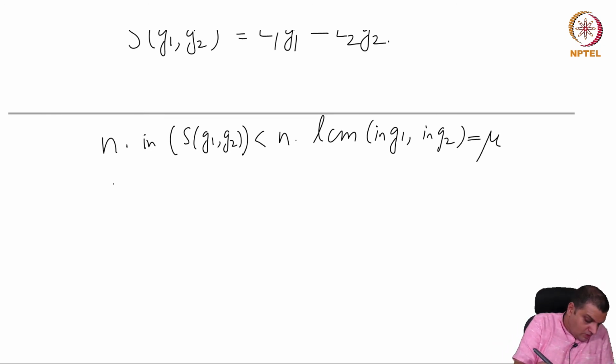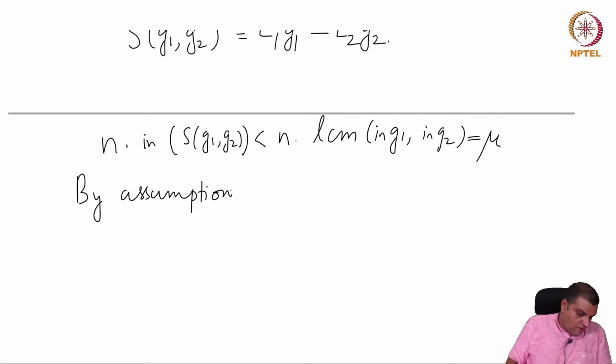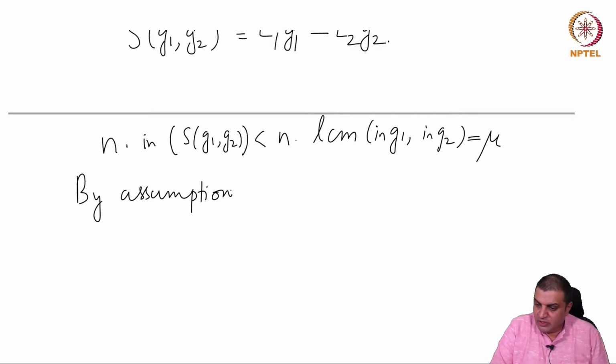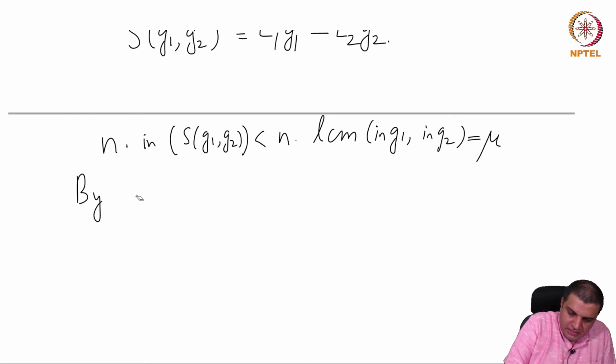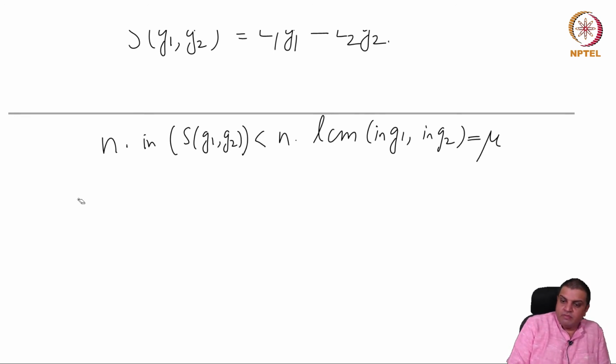Okay, so by assumption, the assumption was, we'll come back. Let's just write. So notice that the S pair is an element in the ideal, so it can be written as some PiGi.